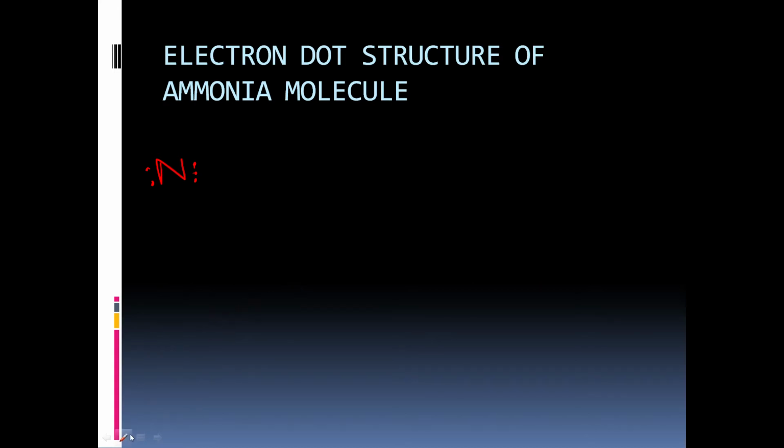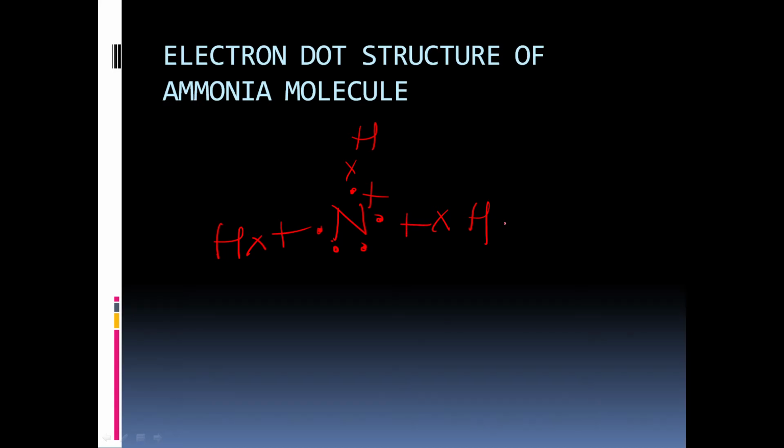I will erase this for a minute and draw the structure here. This is nitrogen. Nitrogen consists of 1, 2, 1, 2, 3, 5 valence electrons. One hydrogen is here, one hydrogen here, and one hydrogen here. So they all combine. This is before combination. I'll show you what happens after combination.